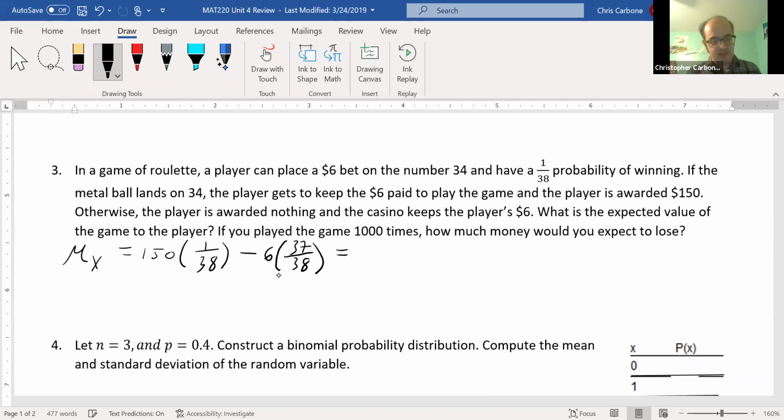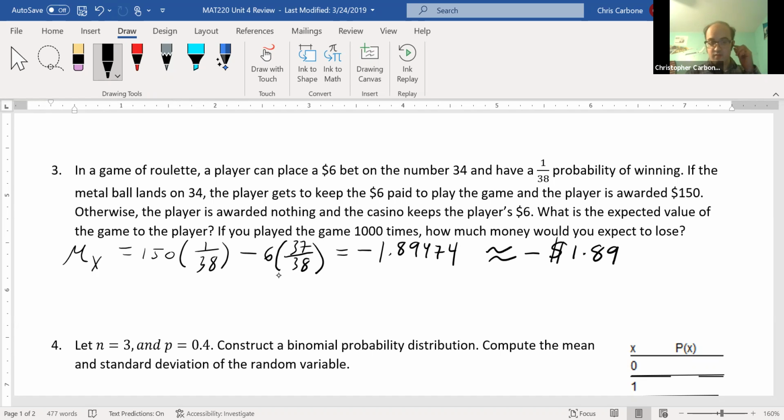This will give us the unrounded version to help us with the next part of this question, which is negative 1.89474. So we would round that answer to negative $1.89 per game.